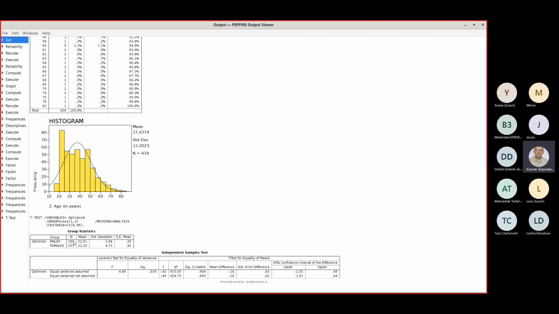For males, the average optimism is 22.0, and for females, the average optimism is 22.2. There is a difference. The difference is 0.2. But the main question here is: is this difference smaller or larger than the error?